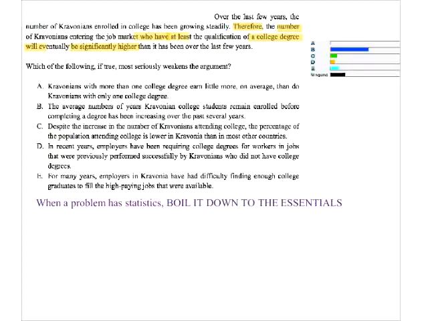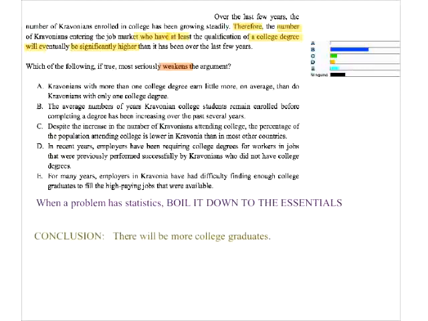So the argument is basically just that more people are enrolled in college, therefore the number of people who graduate with degrees is going to be higher. And you're trying to weaken this connection. Again, the conclusion of the argument is there will be more college graduates. That's basically what it says.